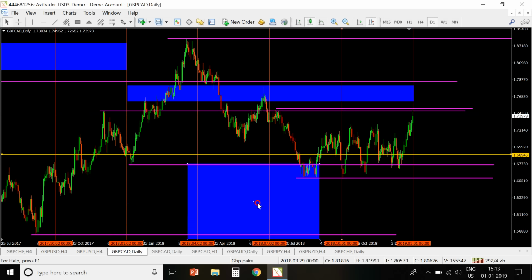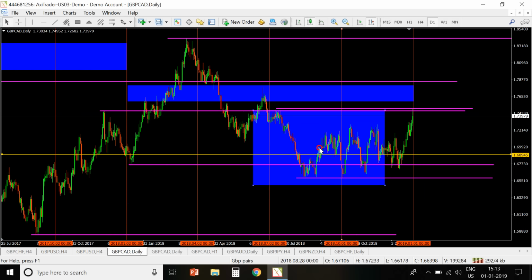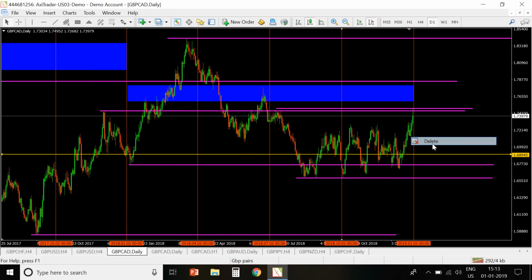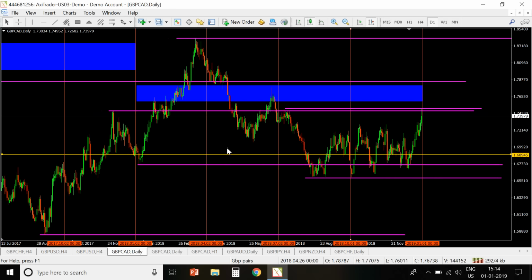This is 2018, the first 6 months and second 6 months. These are all the lines. This yellow line is the opening candle of 2018, which I have marked here. These are all 6 months highs and lows, which I'm going to explain in a short while.